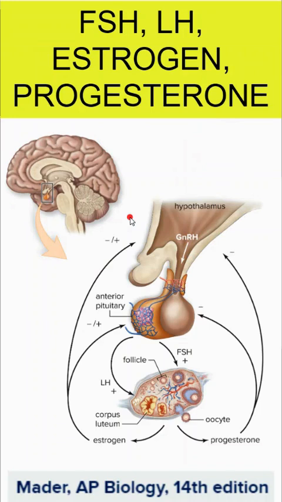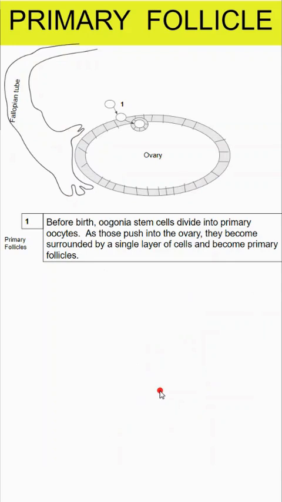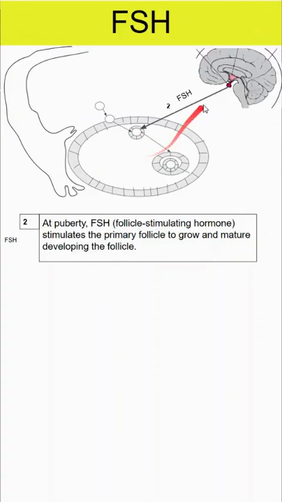So on the women's side of things, we again still have FSH and LH, but now we're focusing also on estrogen and progesterone. Instead of the testicles, we are looking at the ovaries. Before birth, we have these primary follicles from these oocytes, which are going into the ovaries, but it's the FSH, follicle stimulating hormone, that causes the maturation and developing of this follicle.